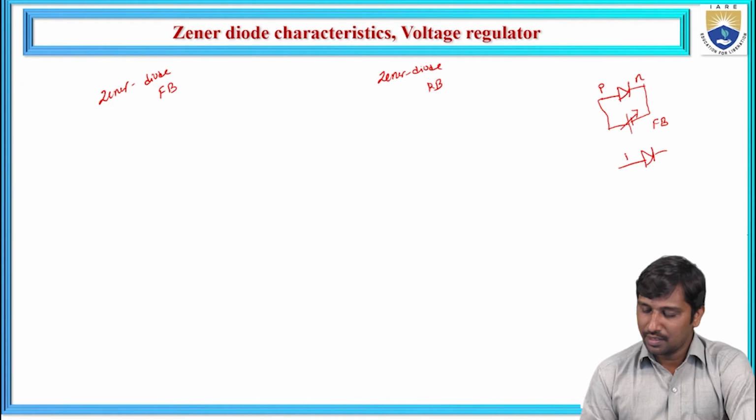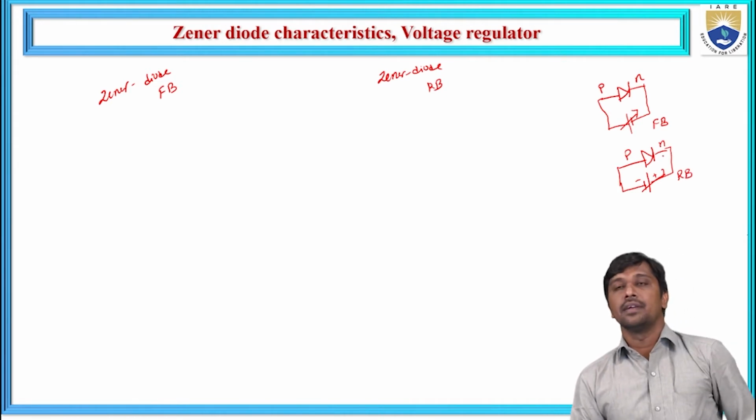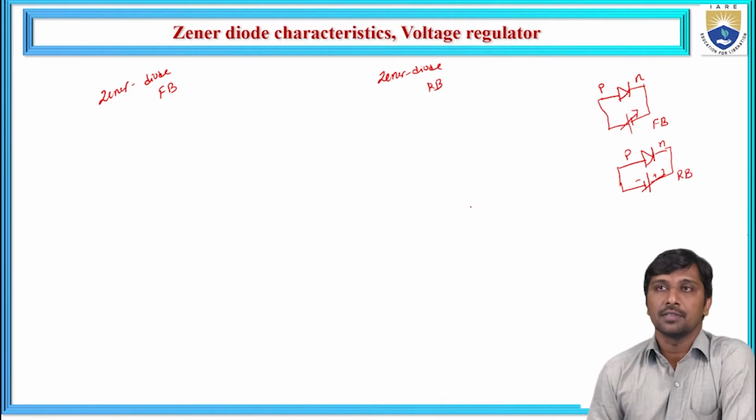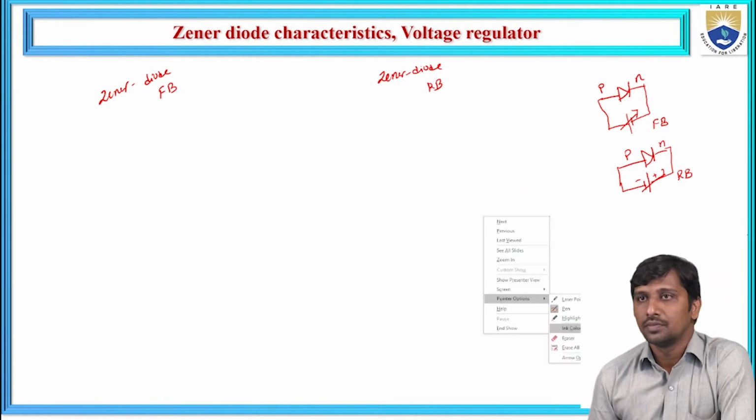Similarly, when the P-type material is connected to the negative pole of the battery and the N-type material to the positive pole, that type of biasing is called reverse bias. Using this principle, we are now going to observe the Zener diode characteristics.